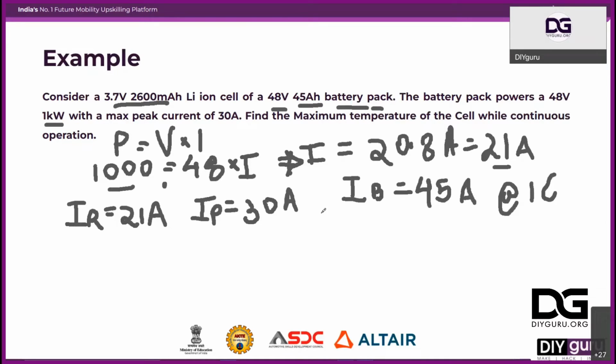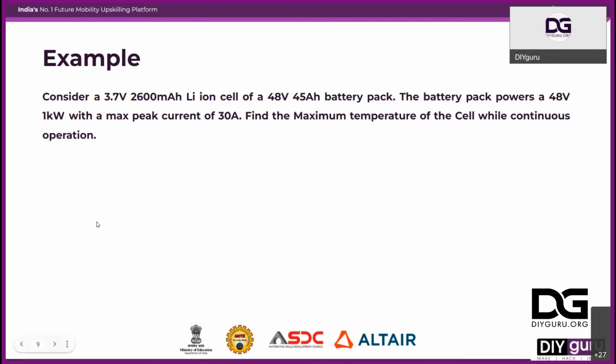Now, I deduce what C rating I require for this, if I have 45 amps for the discharge of the battery.